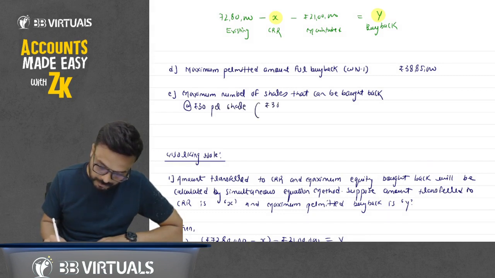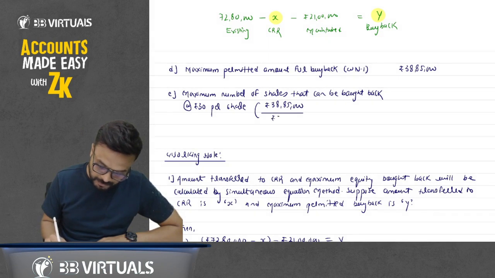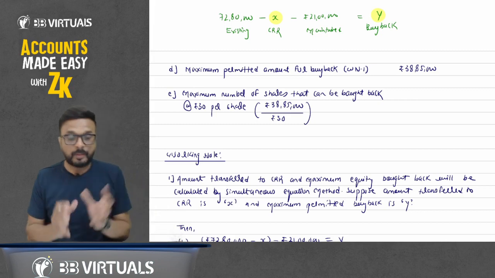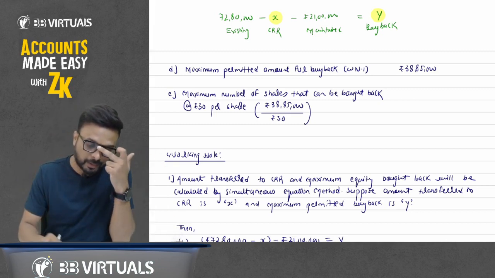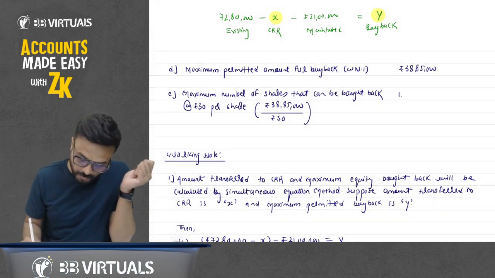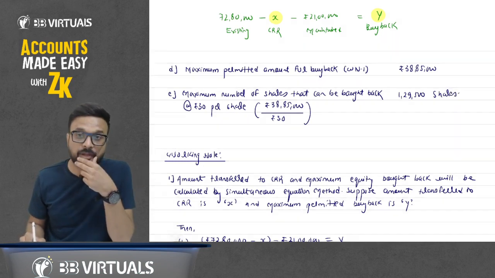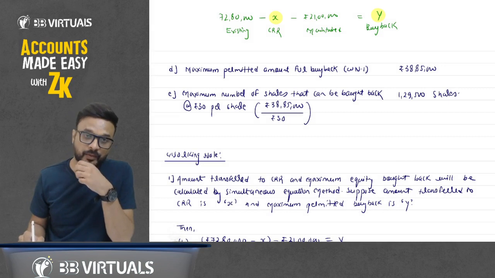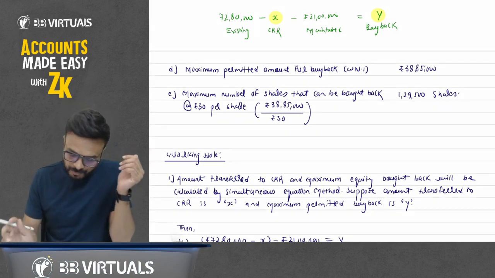The total is 38 lakh 85,000, the total amount of buyback that we can utilize, and rupees 30 is the amount of buyback per share. So 38 lakh 85,000 divided by 30 comes to 1,29,500 shares. So we can do maximum buyback as per debt equity ratio test, 1,29,500 shares. Simple.